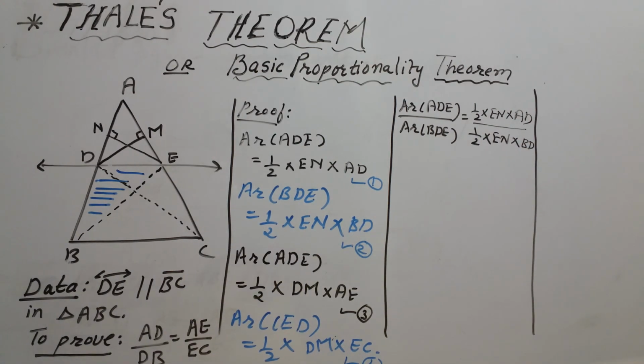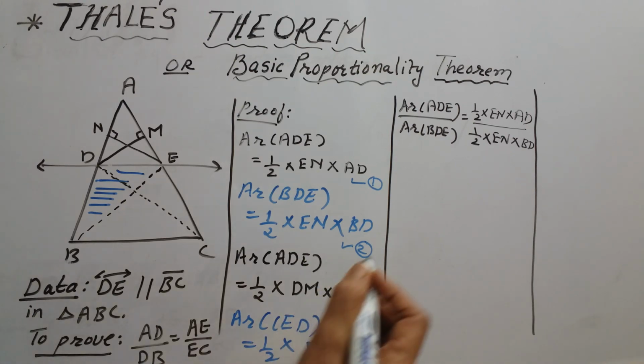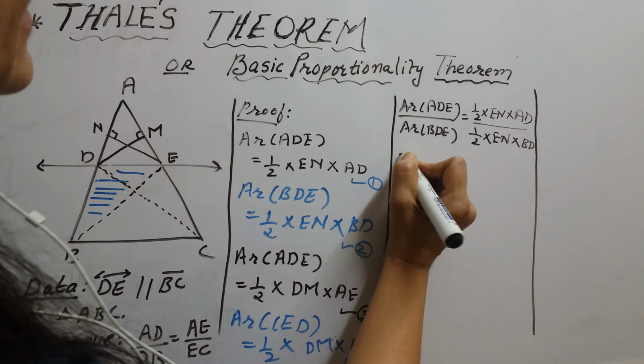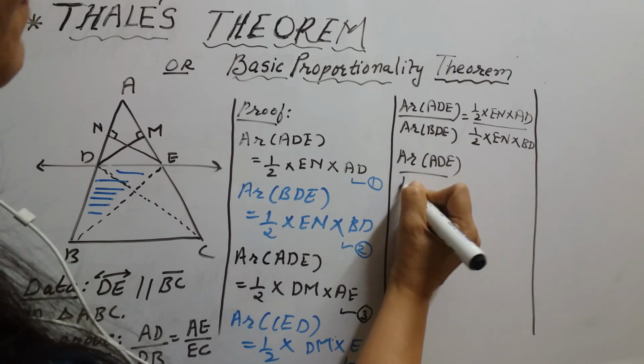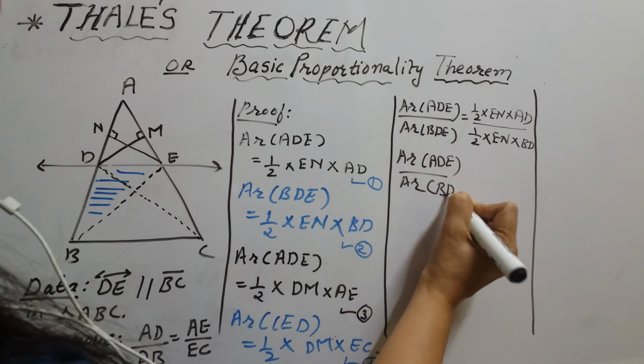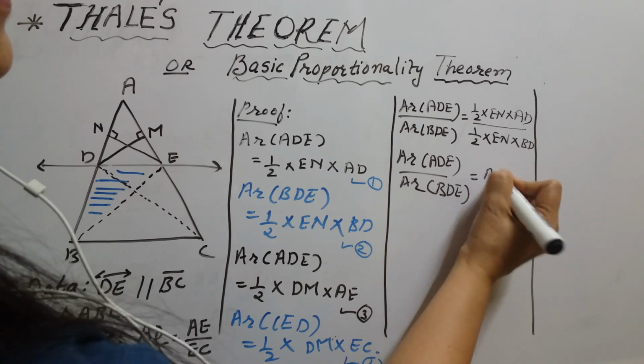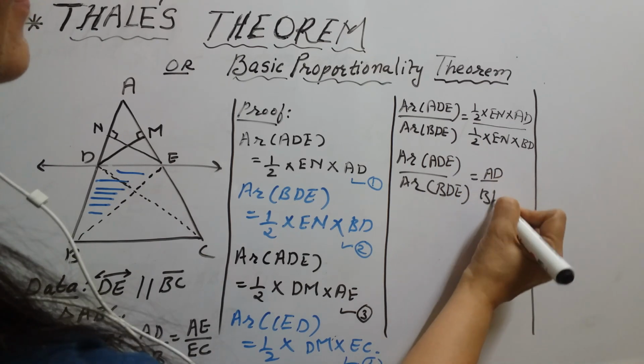Now half and half get cancelled, EN and EN also get cancelled. What remains is AD by BD. So area ADE by area BDE is equal to AD by BD.